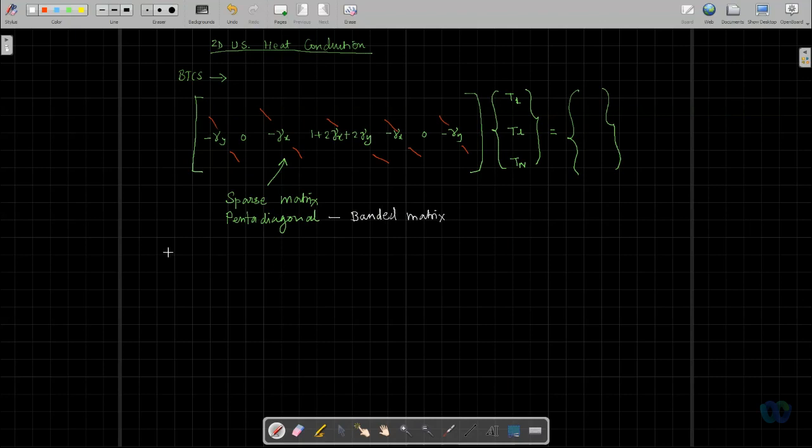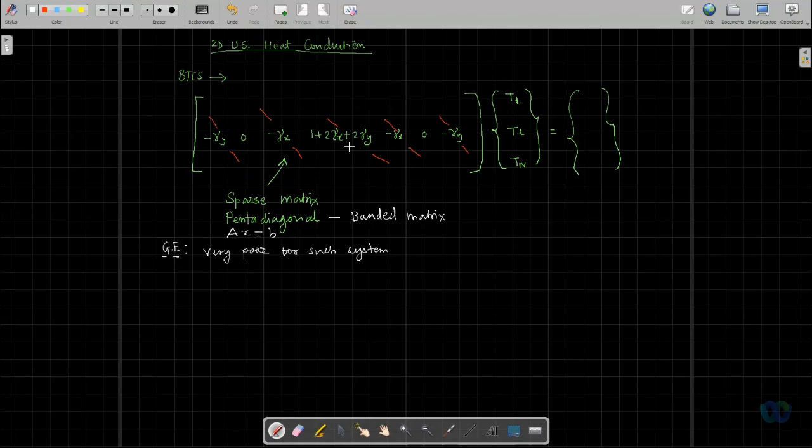So if you use Gauss elimination to solve this Ax equals B system, then Gauss elimination will be very poor for such a system. Why is it very poor? Because many times, by doing these operations in Gauss elimination, some zeros may become non-zero values.